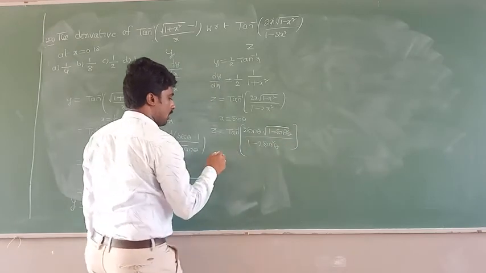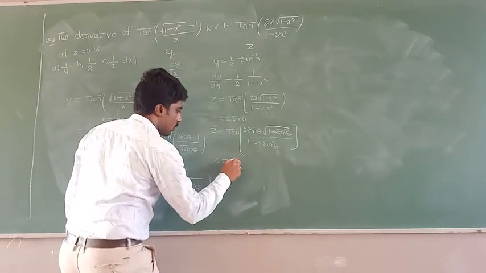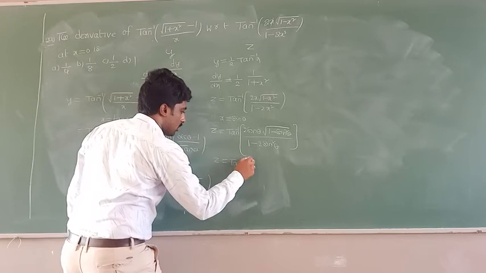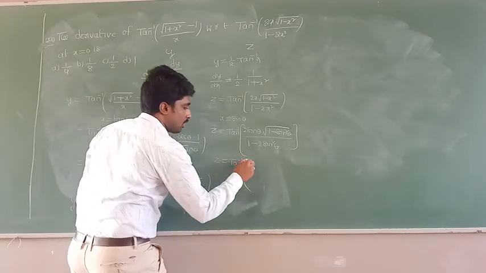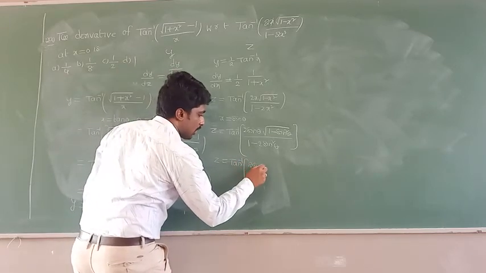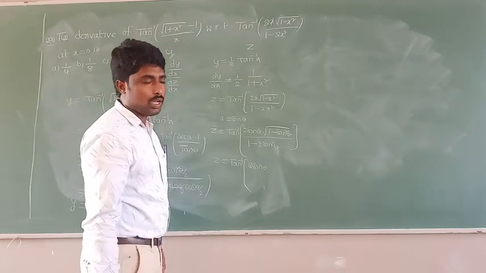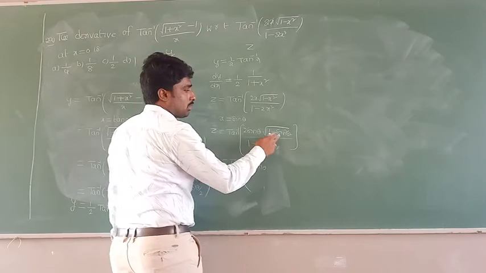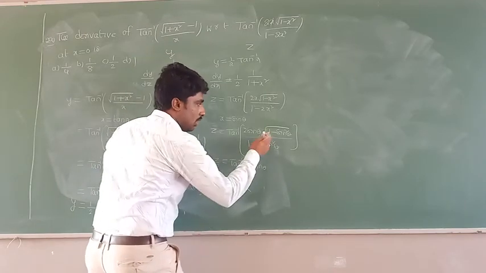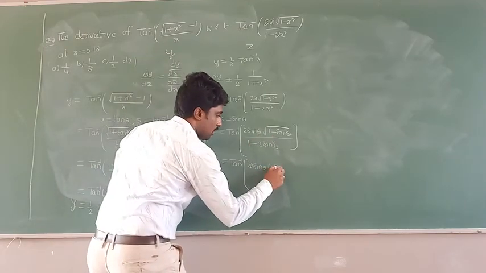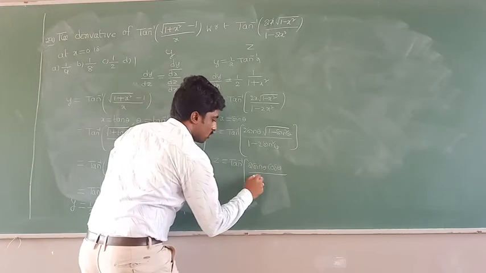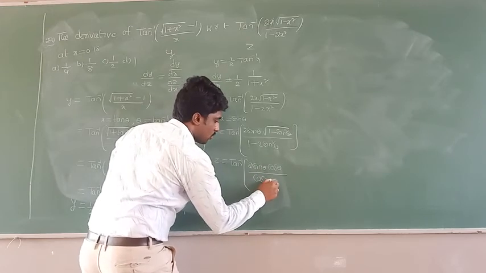So by using trigonometric formulas, what am I getting for z? Z equal to tan inverse of, this one is 2 sin theta into square root of 1 minus sin square theta, which is cos theta. So 1 minus sin square theta is cos square theta. Square root gets cancelled. What am I getting here? Cos theta by, so this one is cos 2 theta.